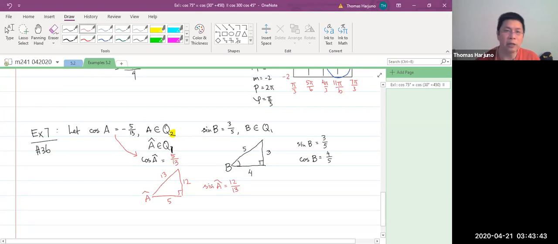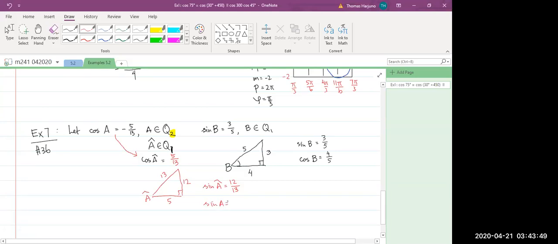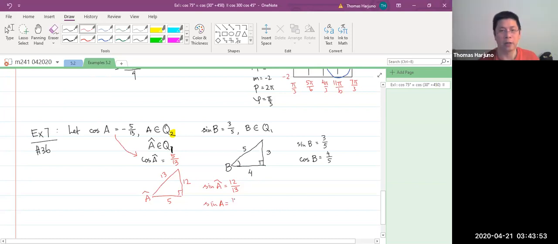But A is in quadrant 2. In quadrant 2, is sine positive or negative? Positive. So sine A is the same value as sine of the reference angle. So at this point we have the following.